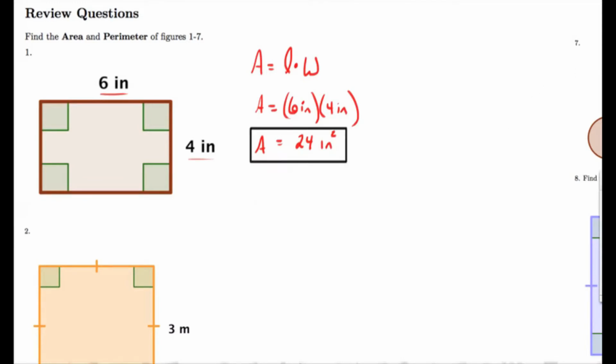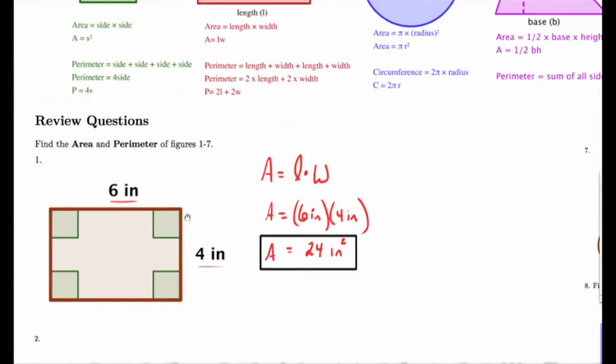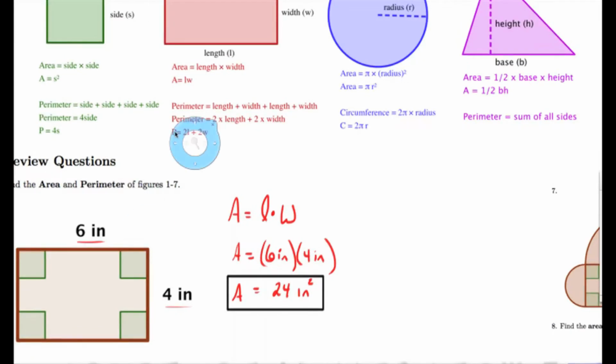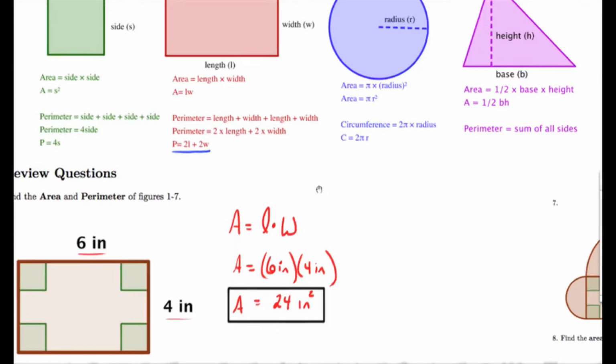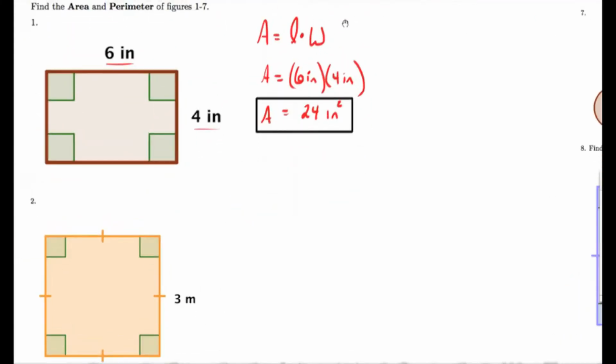Now, perimeter is going to be all of the sides of the rectangle added up together. We have 2 lengths and 2 widths, so P equals 2L plus 2W, or we can just add all the sides together.